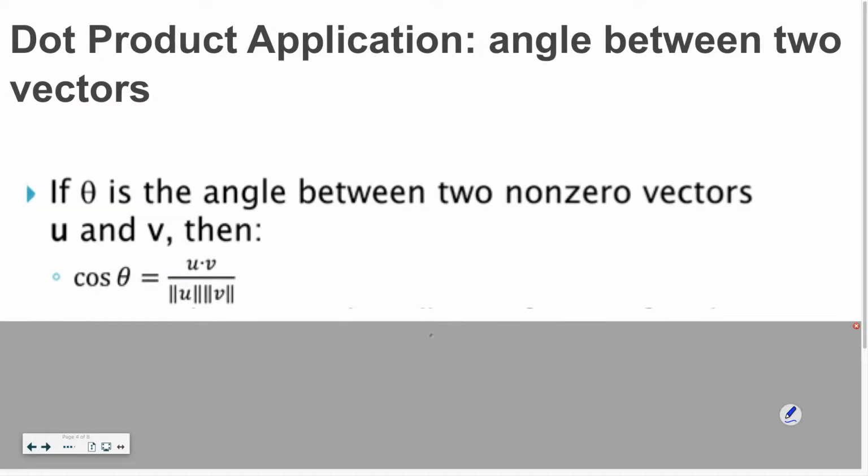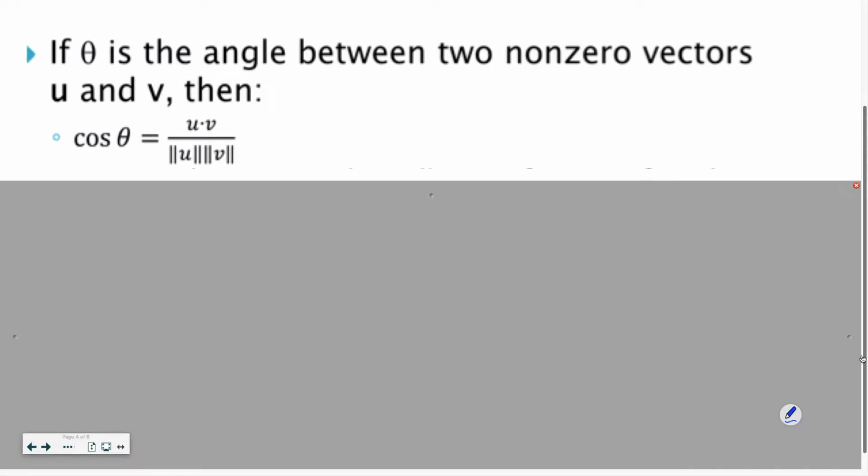We use this formula right here. I could prove this to you with the law of cosines, but I will not take that time. You're welcome. But no, that's where it comes from, the law of cosines.